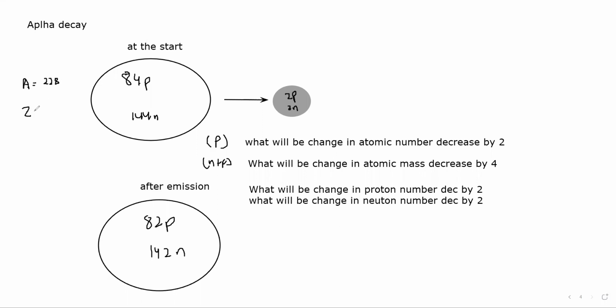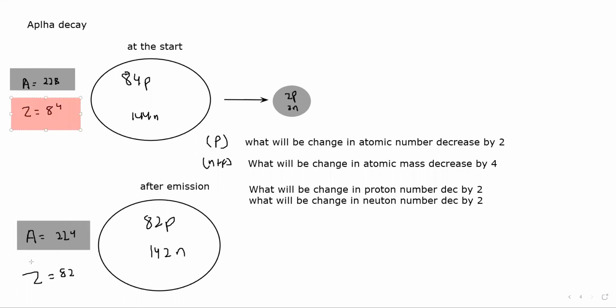What is Z here? That's 84. But what is A after emission? The sum of neutrons and protons, 224. And what is Z here? That equals 82. So you can see the atomic mass was 228, it became 224. Atomic number was 84, it became 82.